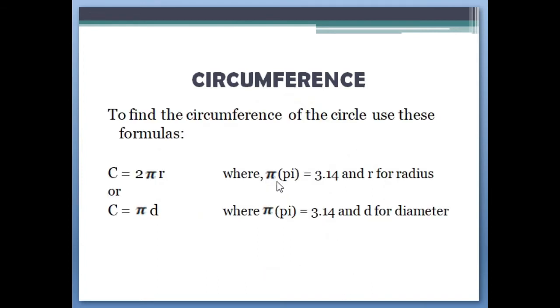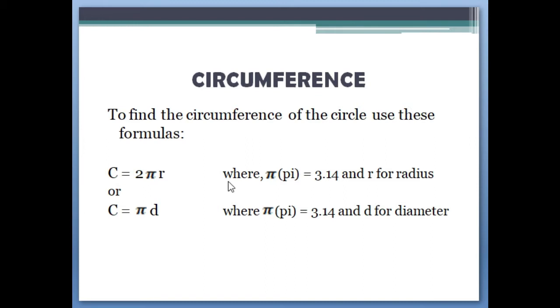So, para mahanap natin yung circumference ng isang circle, meron tayong dalawang options, dalawang formulas na pwedeng gamitin. So, you have C is equal to 2 pi r, where pi is equal to, of course, 3.14, and r for the radius. At yung C dito, meaning circumference.